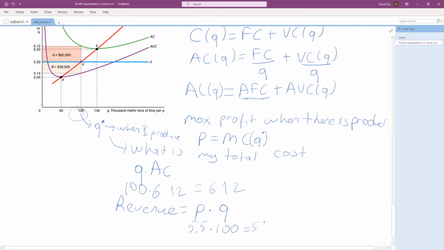It will be 550. Then my profit is 550 minus 612. So which will be what's that? 62, minus 62. Okay. I am losing some money here. Do I shut down my firm?